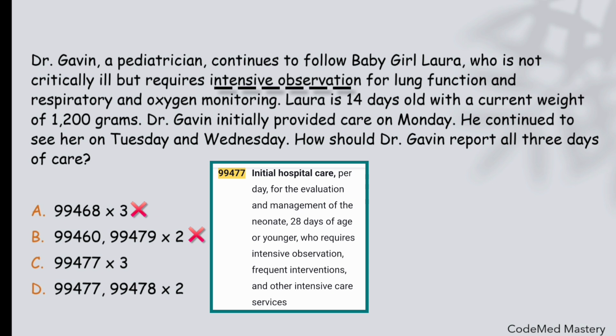Therefore, the appropriate code is 99477. In option C, they have multiplied 99477 thrice. But 99477 is for initial hospital care only. In the question they have given he continued to see her on Tuesday and Wednesday. So it is subsequent care.